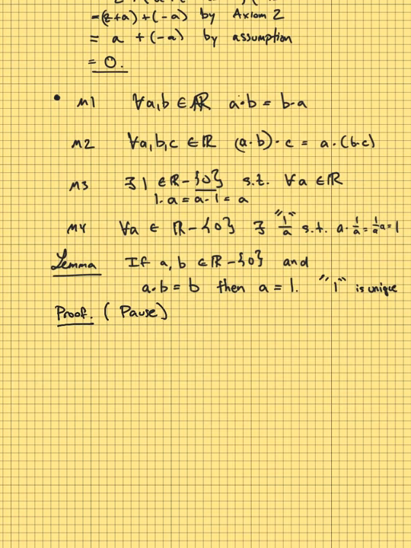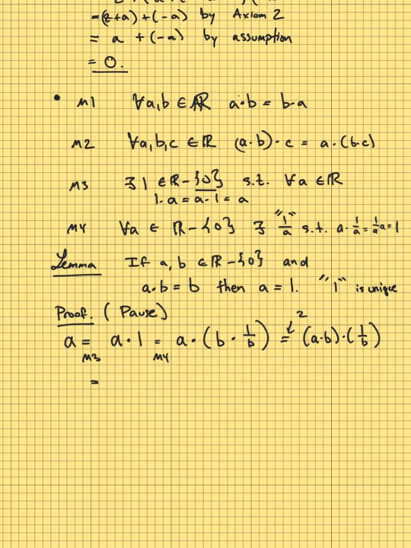Okay, so let me prove this. So it's going to be similar. We're going to write a, and then instead of writing a plus 0, we write a times 1. So this is multiplication 3. Then this is a times b times 1 over b by axiom 4, which is a times b times 1 over b by 2.